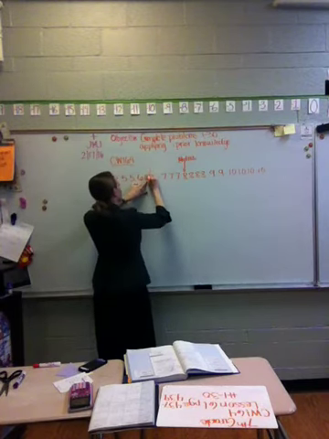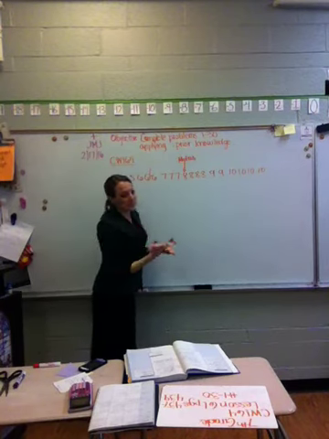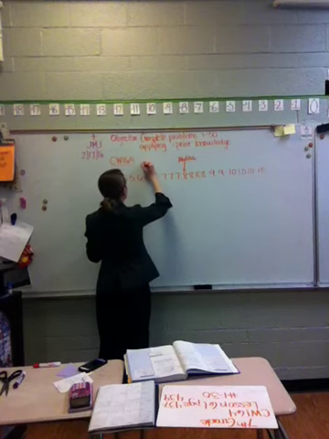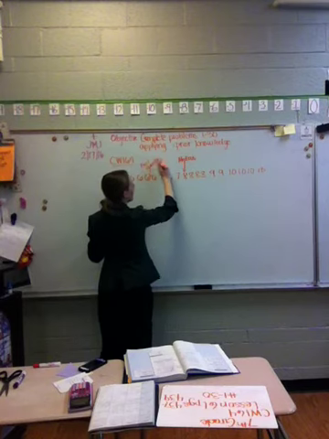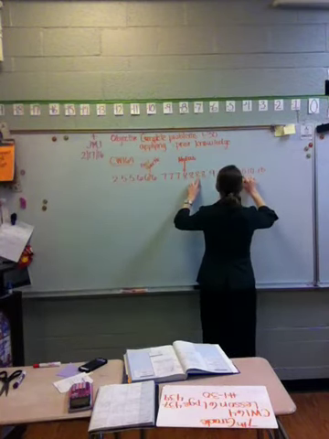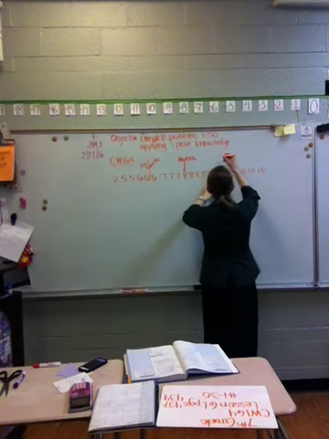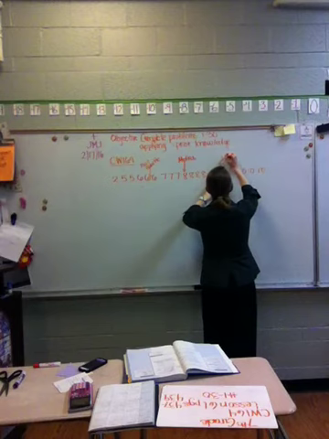So my first quartile is going to be in between 6 and 6, which just happens to be 6. And then we'll do the same thing here. We go in 1, in 1, in 1, in 1, in 1, in 1, in 1. So here is my third quartile at 9.